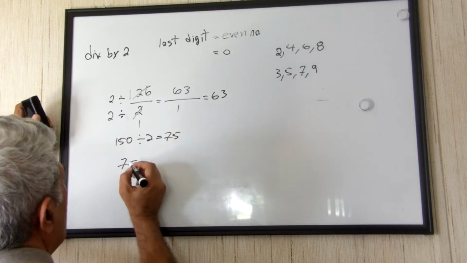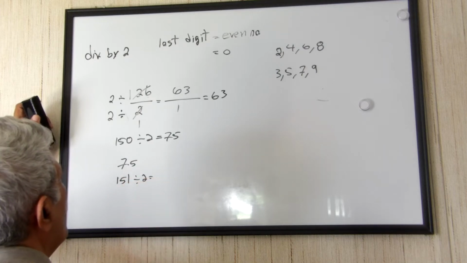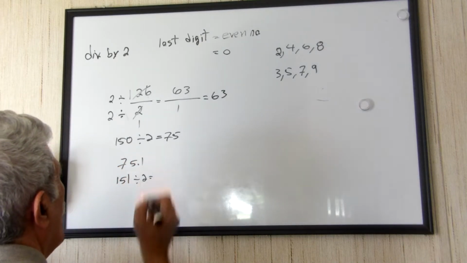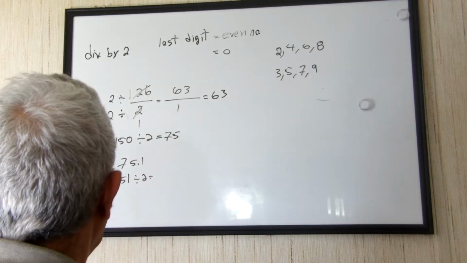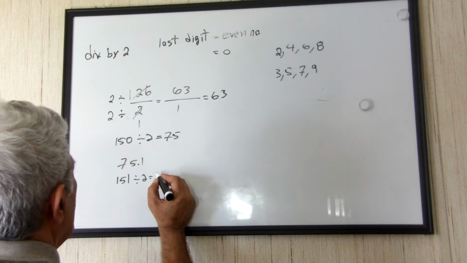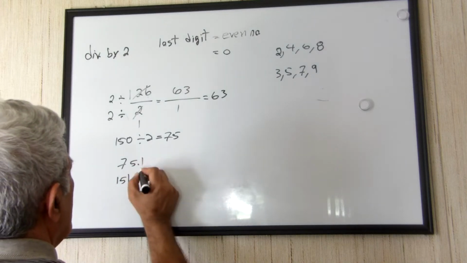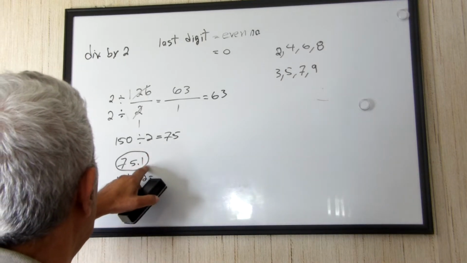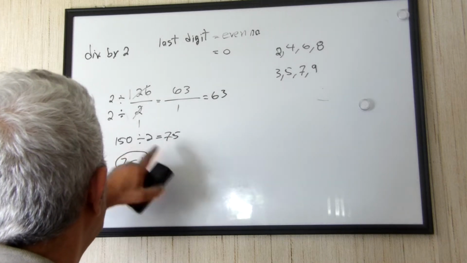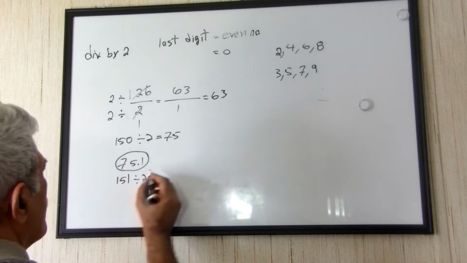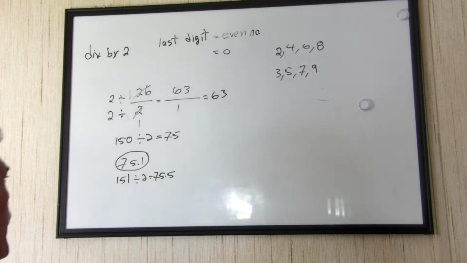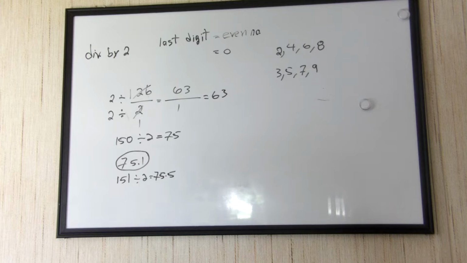But if it's 151, divided by 2 is going to be 75.5, it has a decimal in it, so it has a remainder. Half of it is 0.5, right? So it is not divisible by 2.